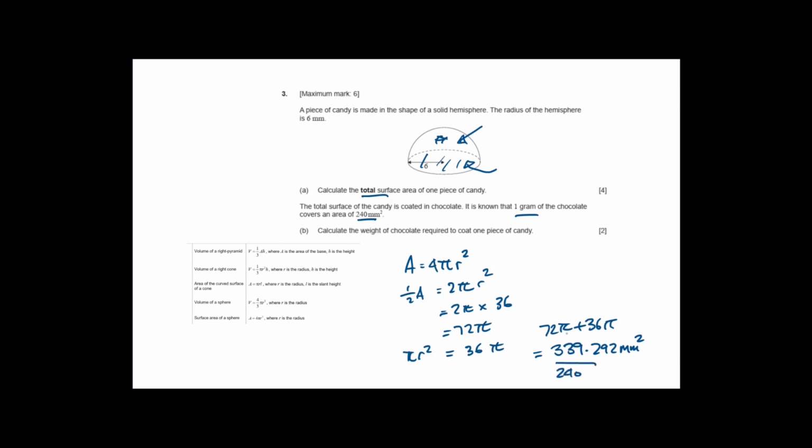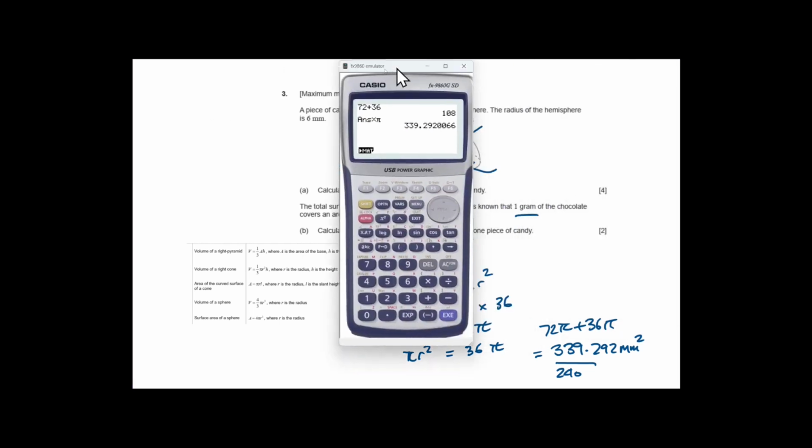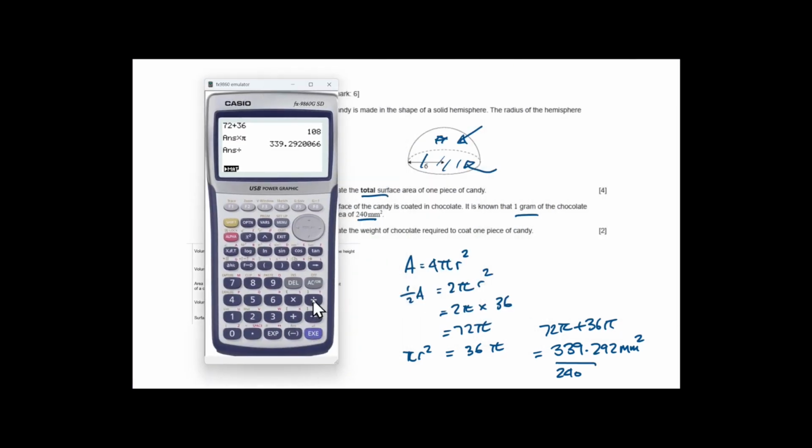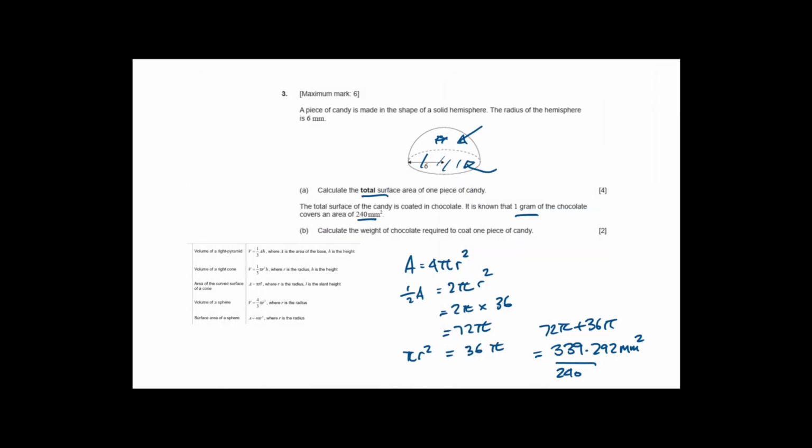And that's going to be our answer in grams. So we grab the calculator. We're not messing around. We're just powering on through. Our last answer divided by 240. It's in the same units, millimeters squared. So 1.414.